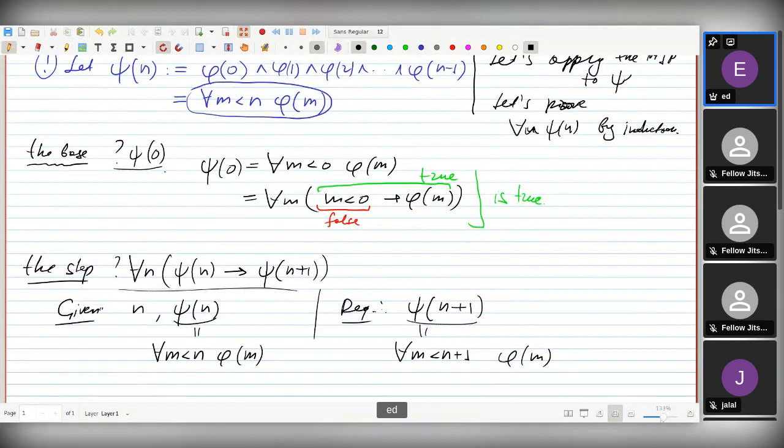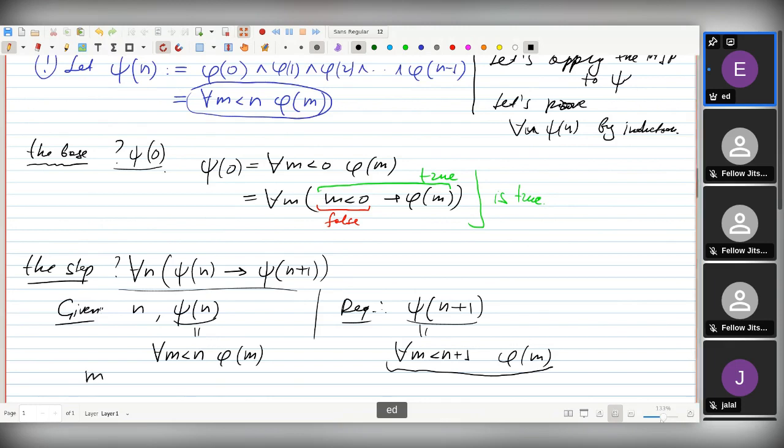Okay. Look here. I want to prove this thing. That is, for every m less than n plus 1, something holds. Okay. Let us take some m and assume that it is indeed less than n plus 1.